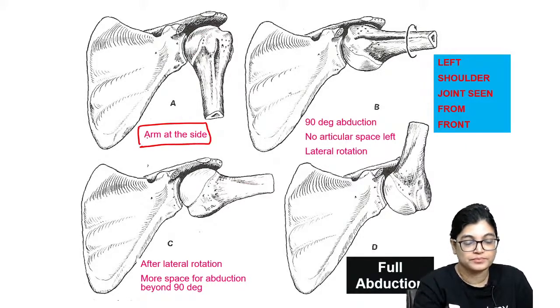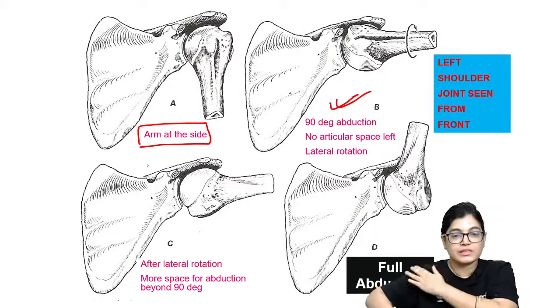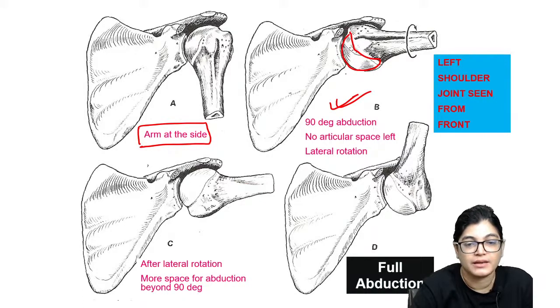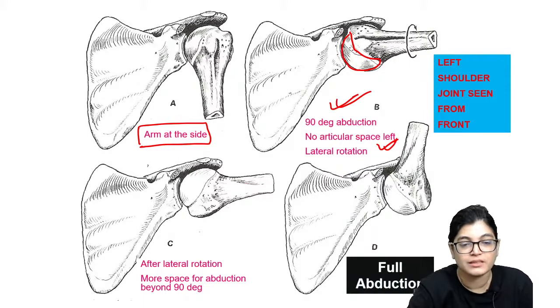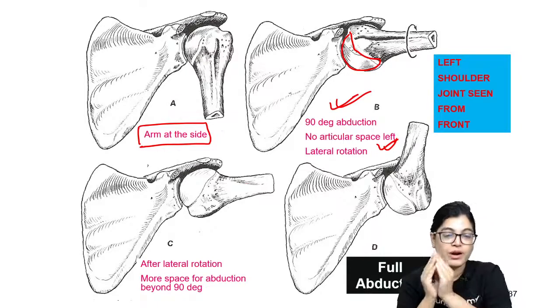We can easily move about 90 degrees. When 90 degrees of abduction is achieved, you can see that no articular space is left for further abduction.